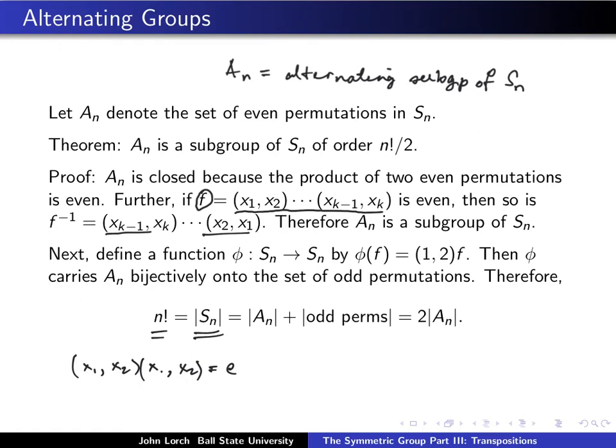And the symmetric group, as we saw a moment ago in our previous theorem, is the disjoint union of the even permutations and the odd permutations. But the odd permutations and the even permutations have the same size, so this is essentially just 2 times the size of the even permutations. And so if you divide by 2, you wind up with what you want: the order of the alternating group is n factorial over 2.